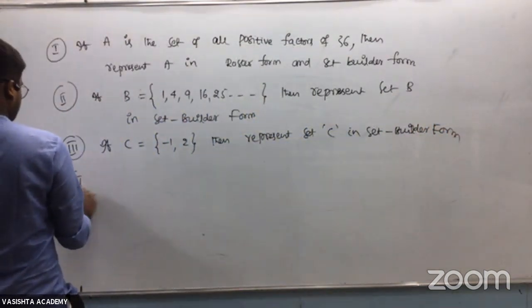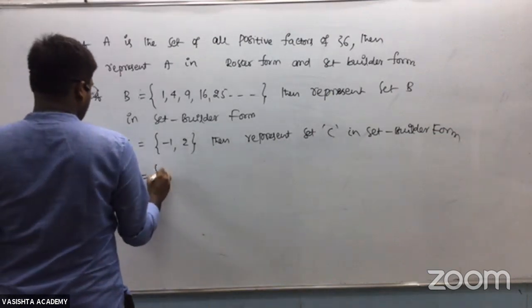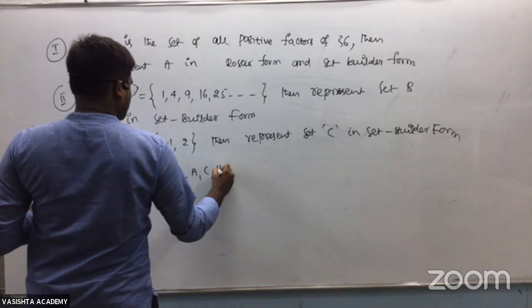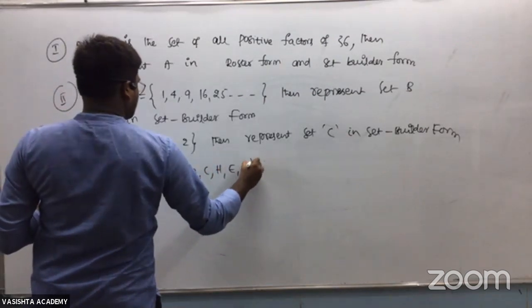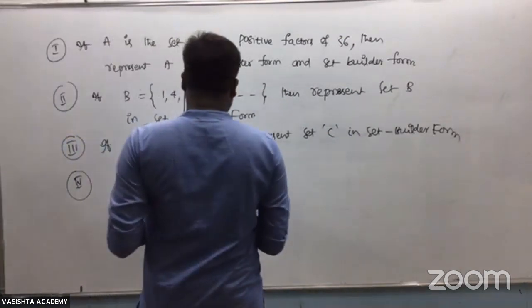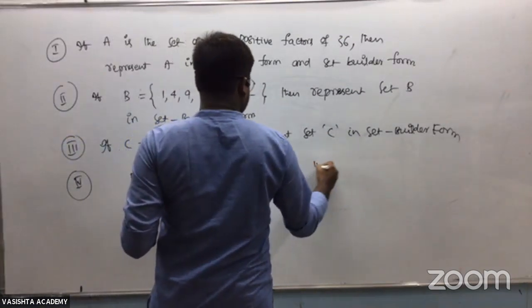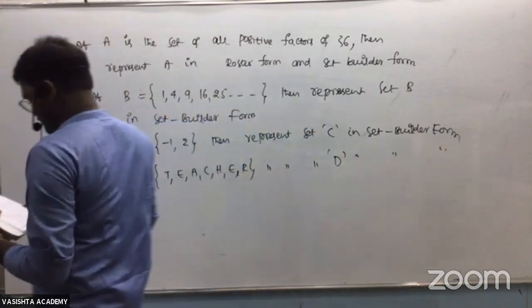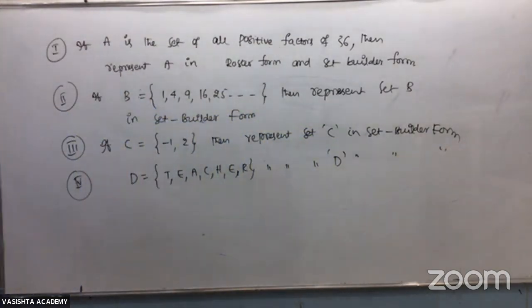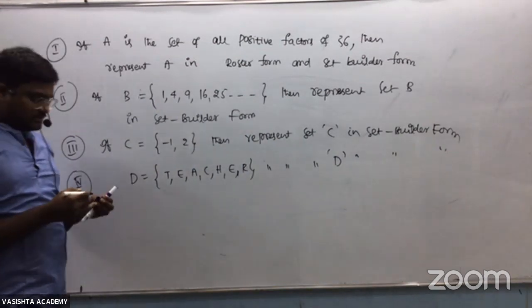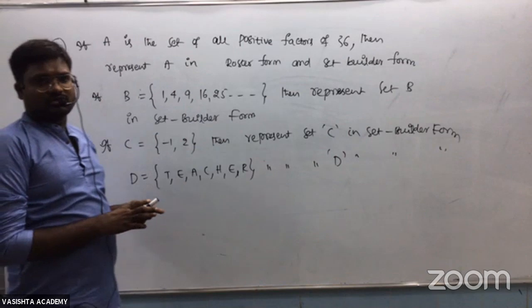And fourth one, D equal to {T, E, A, C, H, E, R}, then again represent set D in set builder form. So these are the 4 questions. Very simple questions. Please try these questions at home.